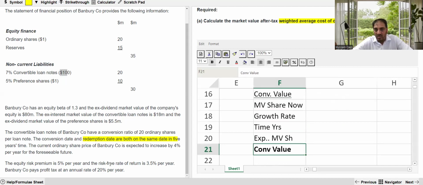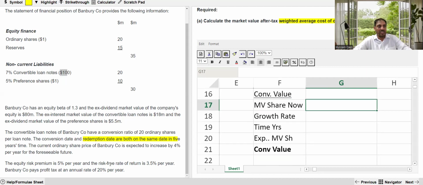For the conversion value, what do you require? Number 1, the market value of a share now.